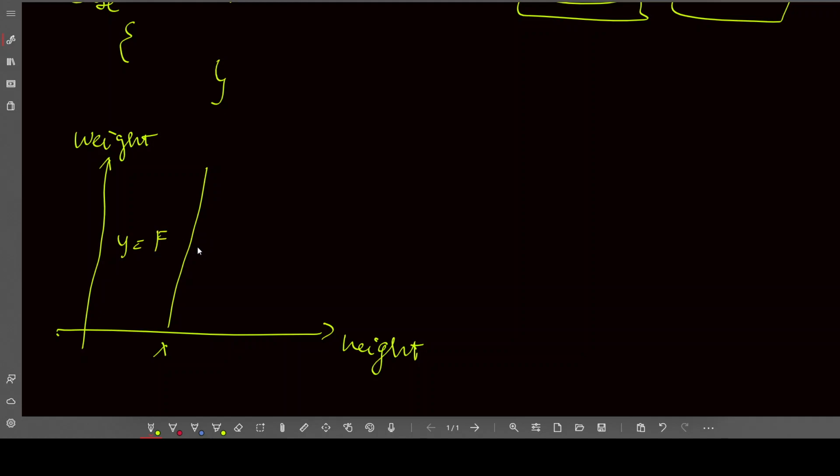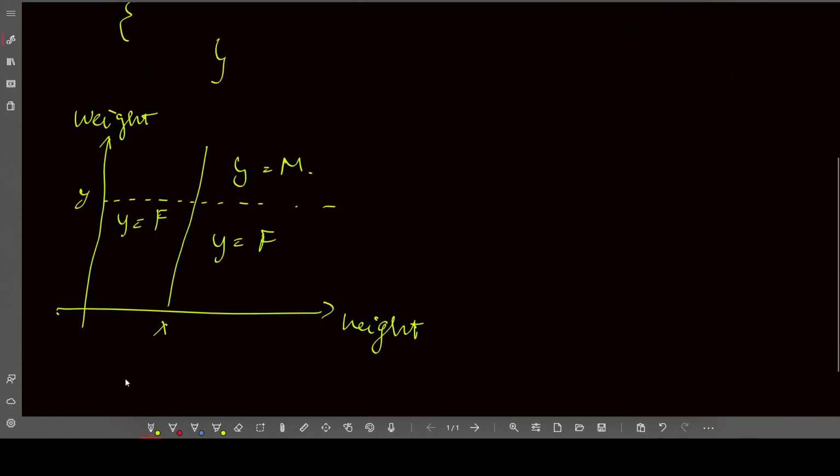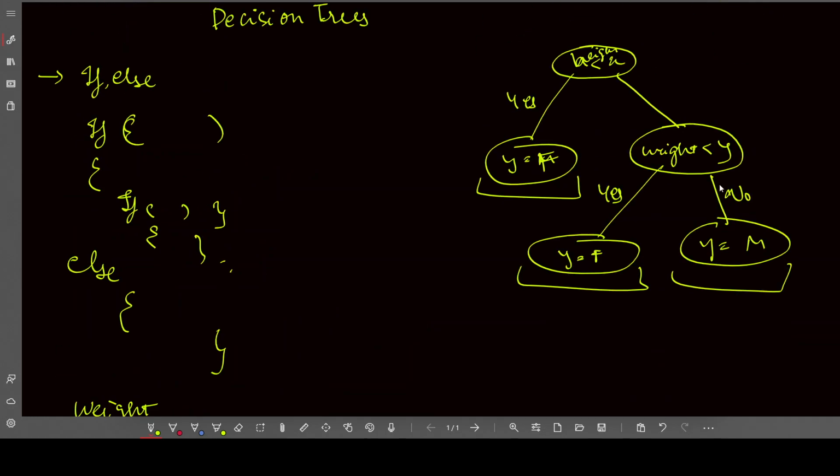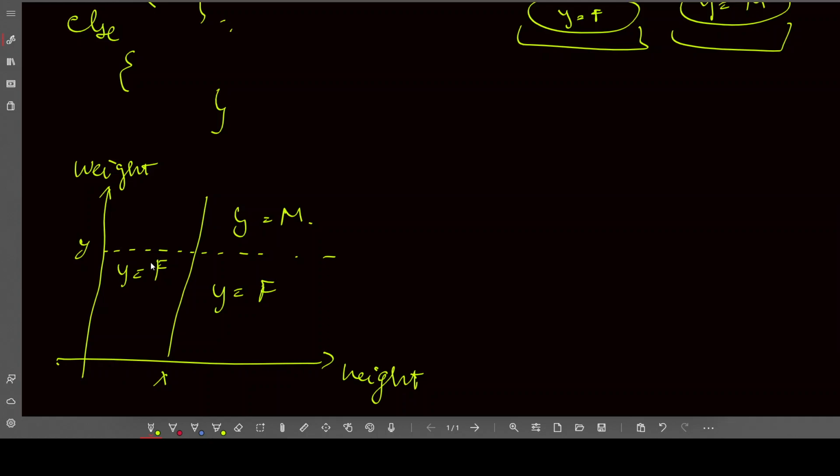And if not, if it's greater than x, and if weight is less than y, let's say this point here is y, then y equals female. Otherwise, y equals male. This is basically what I've drawn here. I've just drawn the graphical representation of this tree. And that's one way to think about a decision tree.